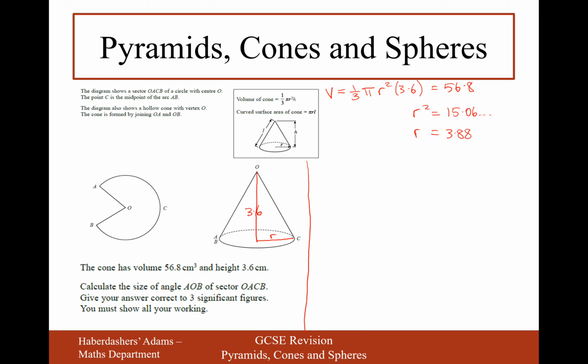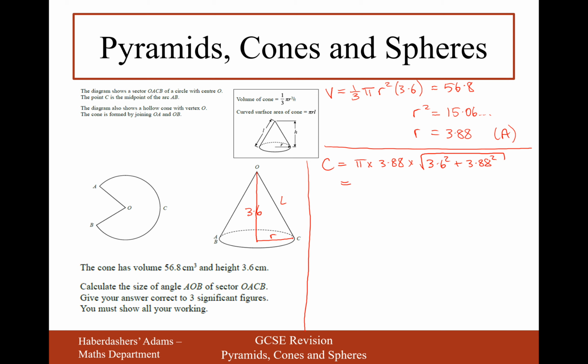Okay, so I now know that r is 3.88, and now what I'll probably do is work out the curved surface area around the cone. The curved surface area is going to be pi times the radius of 3.88 times the value L, and L will be found by a Pythagoras calculation of 3.6 squared add 3.88 squared.